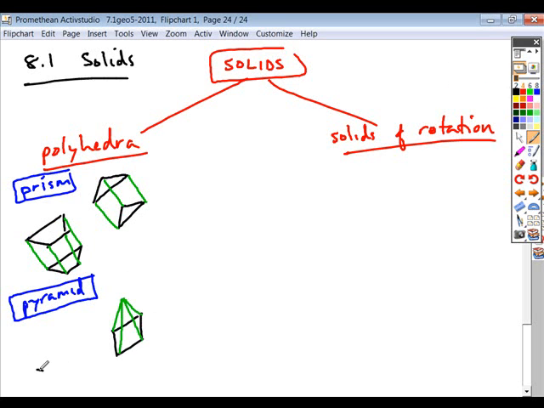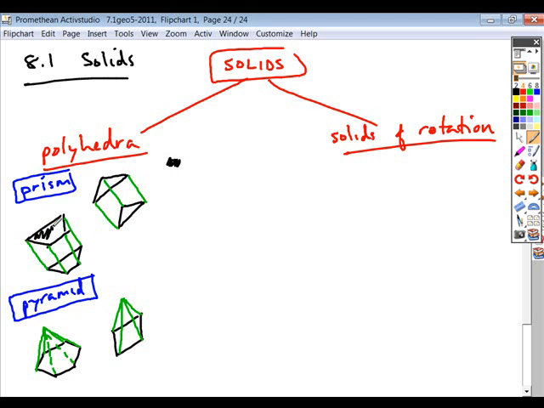Again, it could be any of the types of polygons that we've dealt with, including regular figures. You can use dashed lines to indicate a side or edge that is in the background if it helps you to imagine it. But when you're dealing with prisms and pyramids, a couple things to keep in mind.